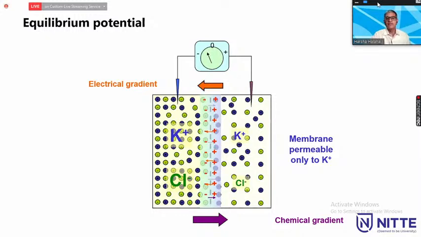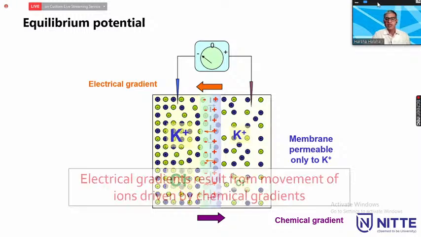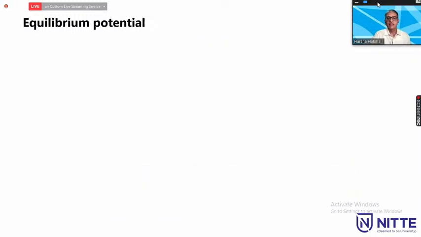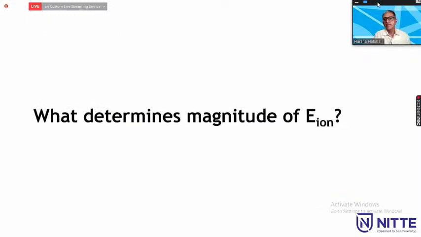The potential level at which this happens is called the equilibrium potential for potassium. So electrical gradients result from movement of ions driven by chemical gradients, and the potential at which the chemical gradient is effectively opposed by the electrical gradient is called the equilibrium potential.